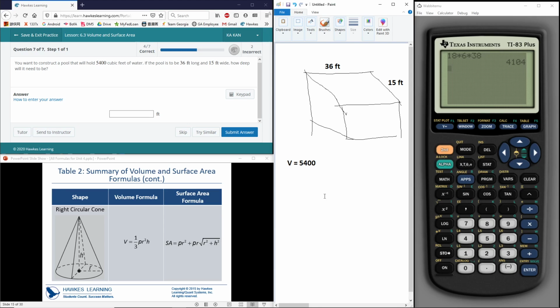That's enough for right now. So you just have to divide. The volume is length times width times height, right? So 5,400 equals 36 times 15 times height.